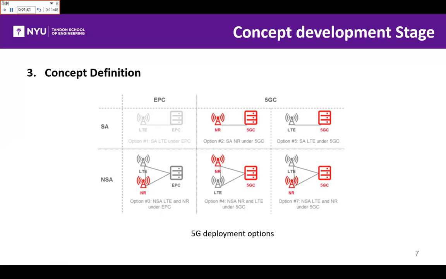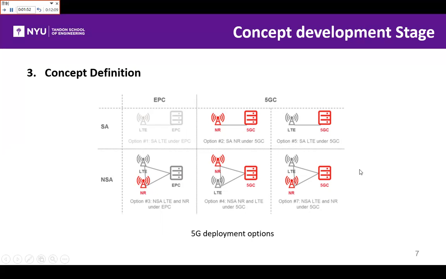So here we can see there are 5 combinations for 5G deployment options, and each method will have its own advantages and disadvantages.